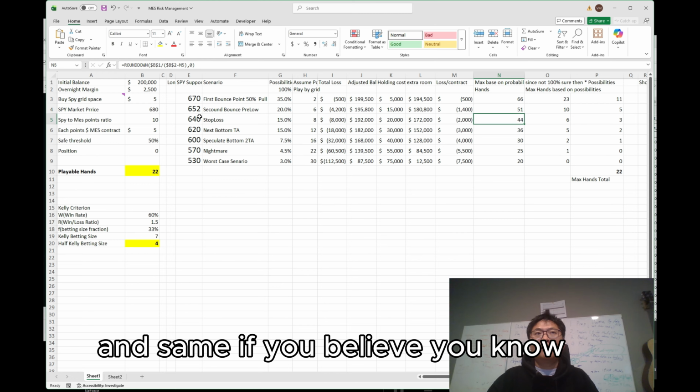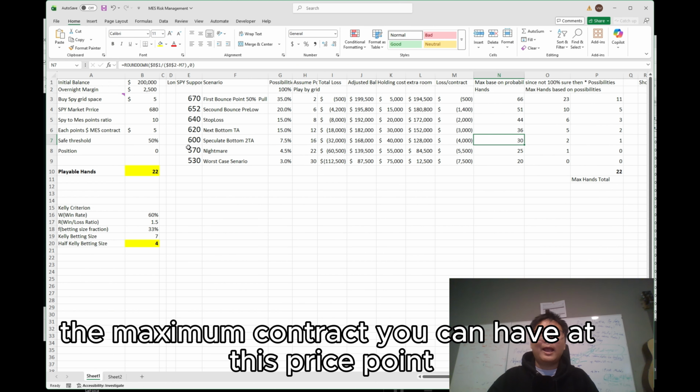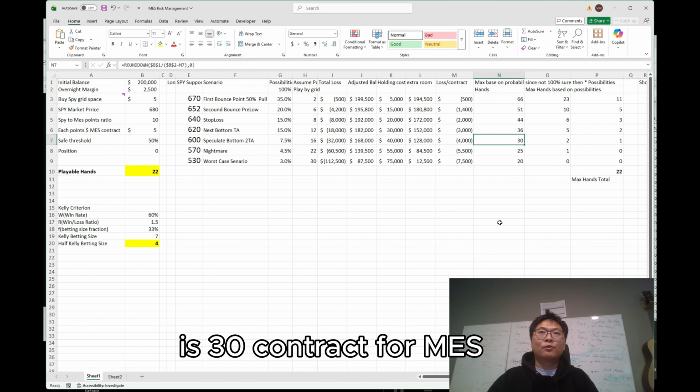And the same if you think 600 might be the bottom, the maximum number of contracts you can have at this price point without getting liquidated is 30. It's 30 contracts for MES.